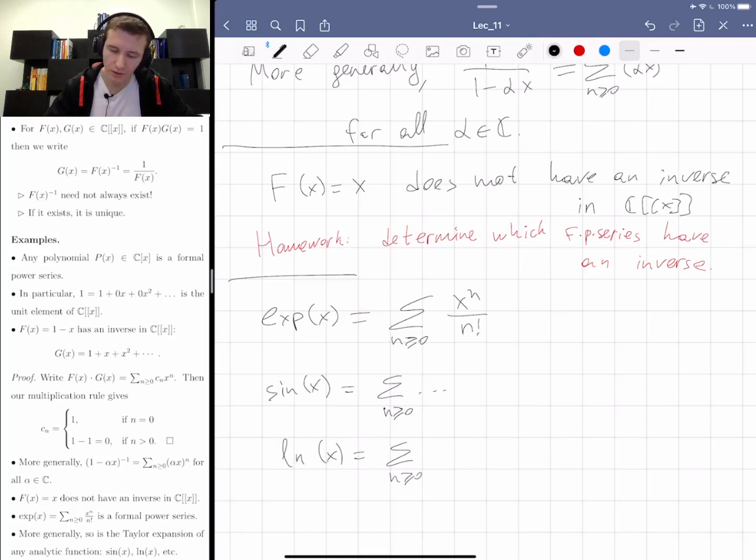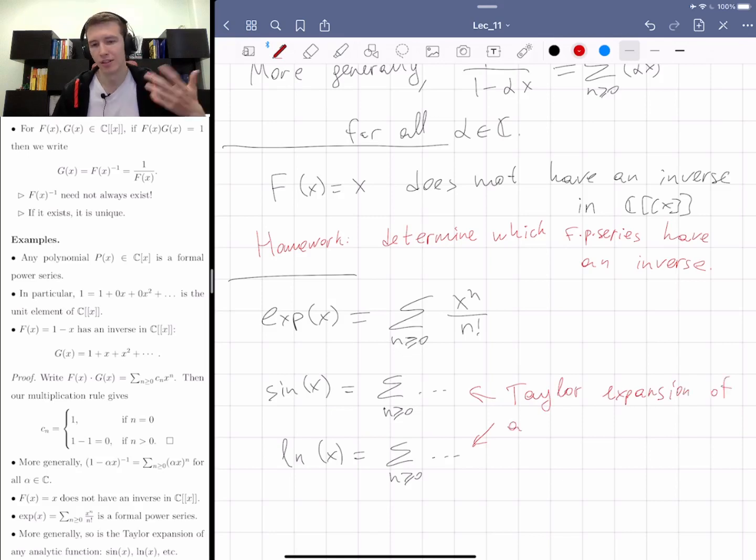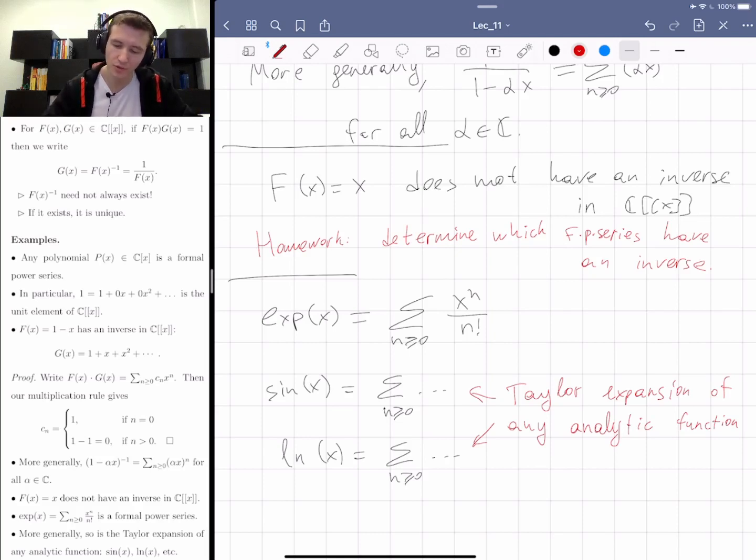You can take the Taylor expansion of any function that's called analytic, an analytic function. So any function that has a Taylor expansion, of course, gives you an example of a formal power series, which also happens to converge.